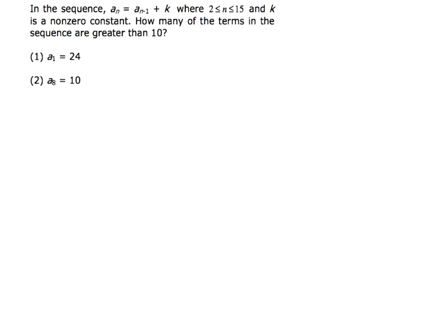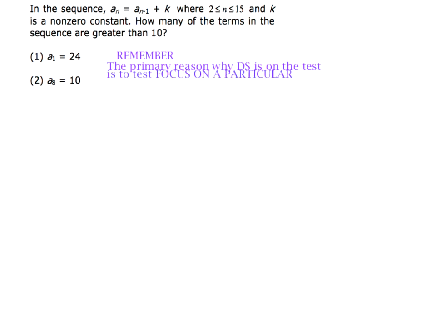Just remember this, because this is why the C trap is a C trap. Remember that the primary purpose of data sufficiency problems is not to test mathematics. The primary reason why data sufficiency is on the test is to test focus on a particular goal.